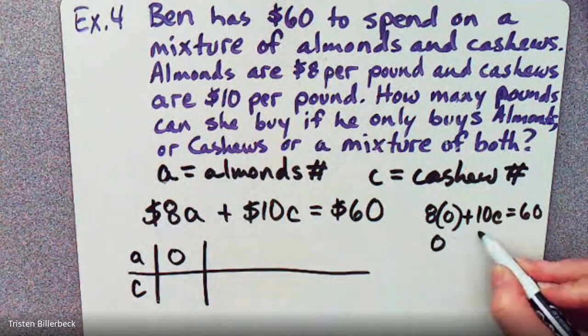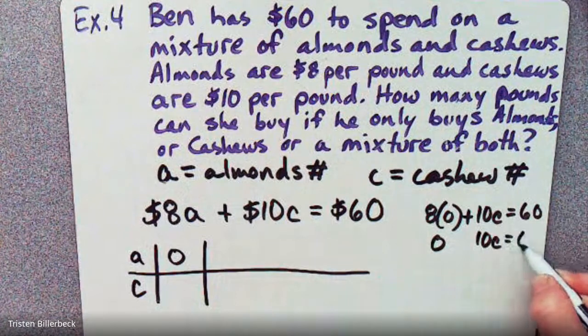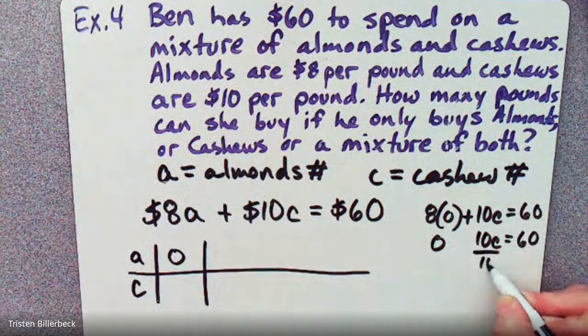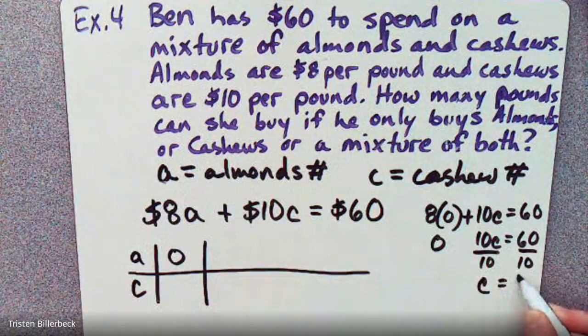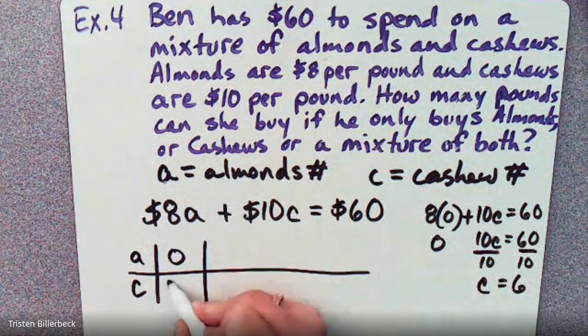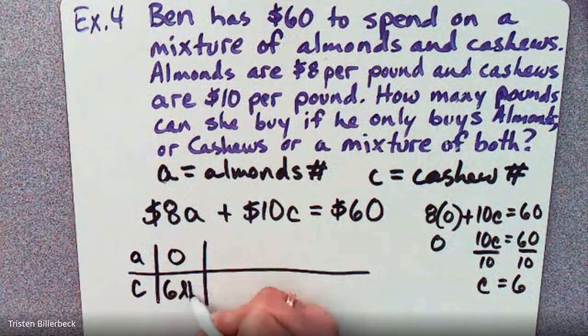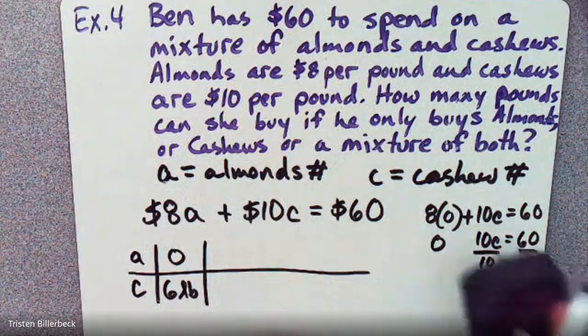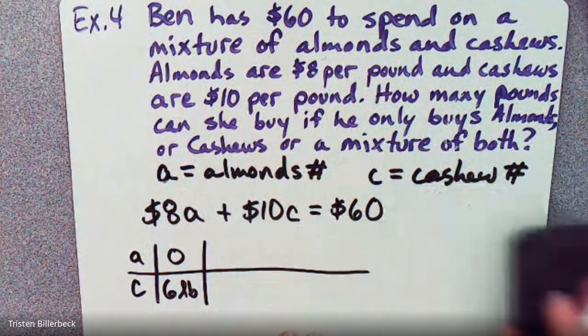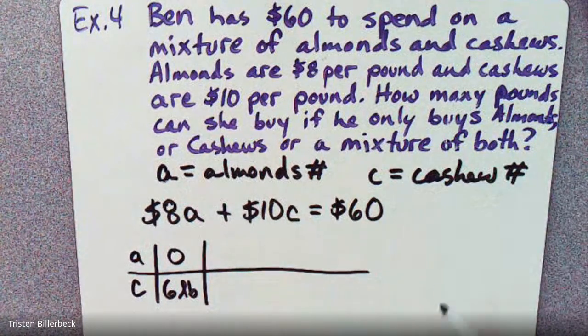So 10C equals 60. We divide by 10, and we get 6 pounds of cashews. That's pretty nice. I like cashews a lot, but I love almonds too, because it's what we grow in California.